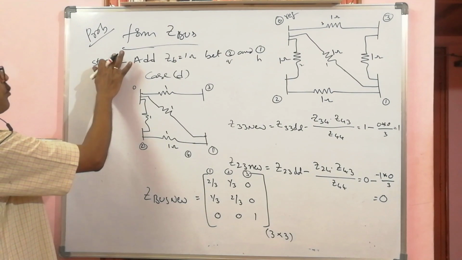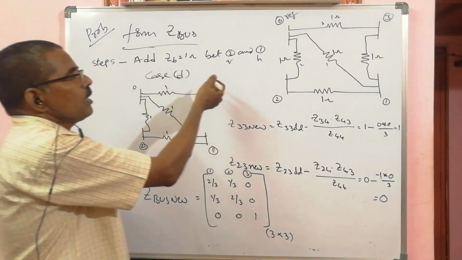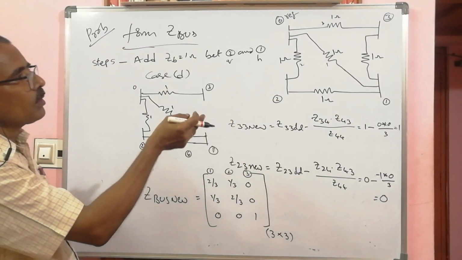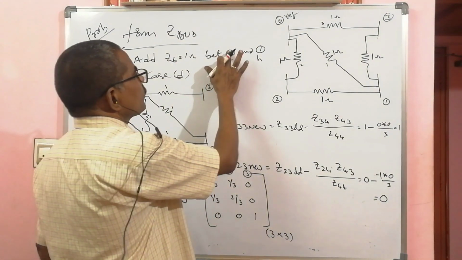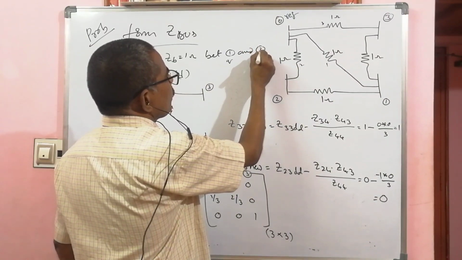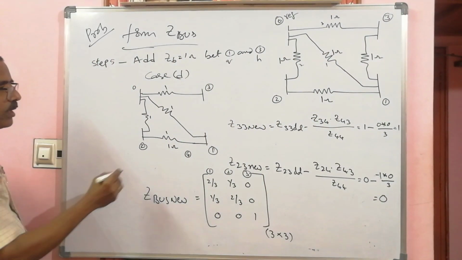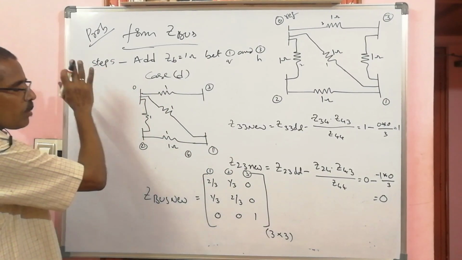Then step 5, adding the fifth element. What is that? Adding the fifth element is between 1 and 3. One is existing, 3 is also existing. So this is case D again. So this is existing up to step 4.